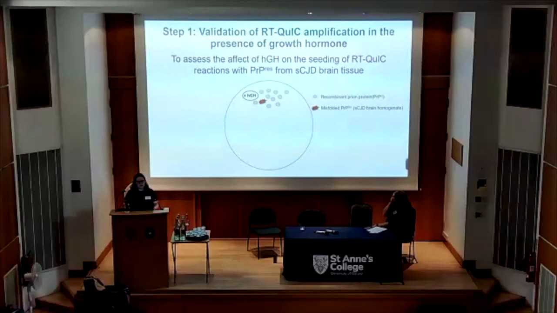So with the addition of the human growth hormone, we'll be able to detect whether we see an increase in the seeding, whether there is any inhibition, or, which we hope we get, there's no effect in our assay with the addition of the growth hormone.